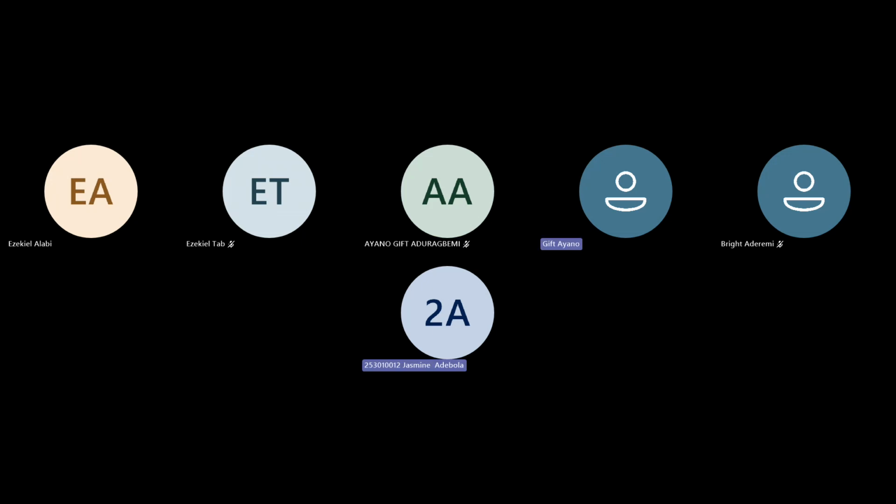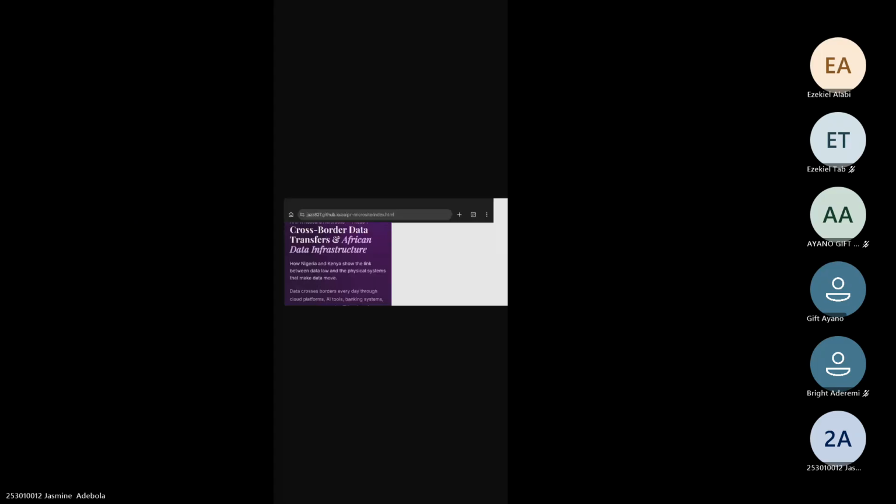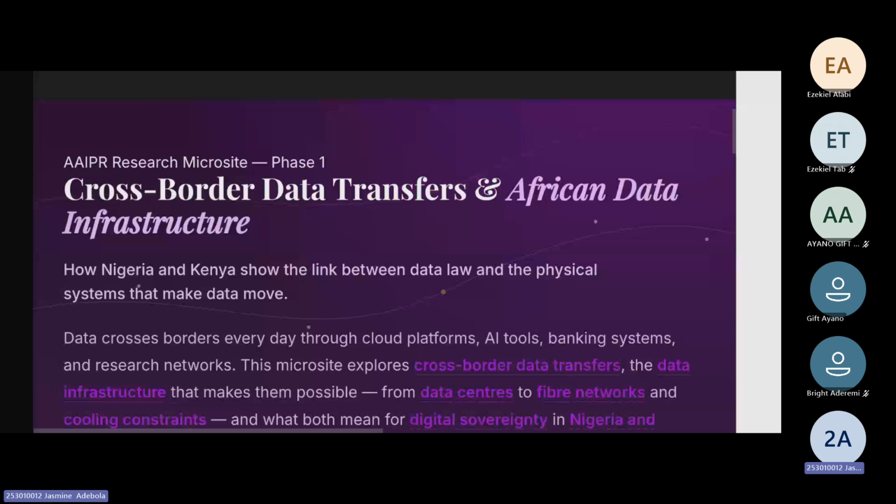Can you guys see my screen? Yes, we can. Can you put your device in landscape mode? It is in landscape, so maybe it's still adjusting. Okay, I can see it now. So I'm going to start my presentation now.